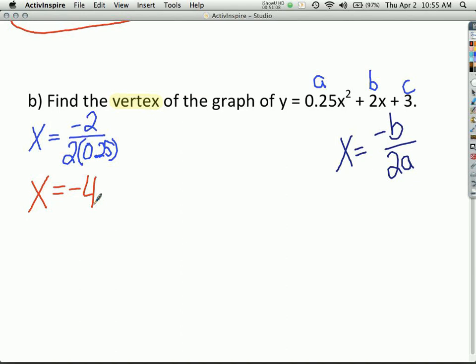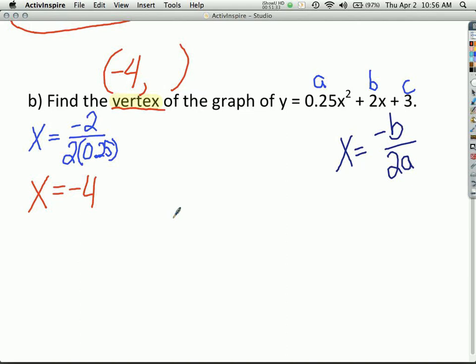But we just found the x coordinate of the vertex also. We're asked to find the vertex. We now know that it's going to be -4, comma, something. How do we find the y? This is something you've been doing since the first week of school.